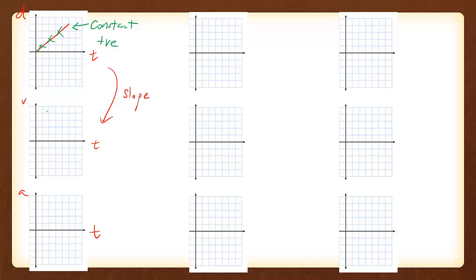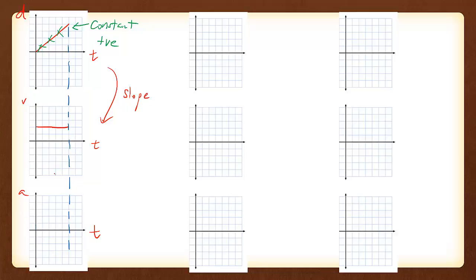So when you draw the vt graph, its value is also constant and positive as well. I'm not going to draw more than that because you can see the time here is stop, the motion stops here. The same thing happens when you draw the at graph.